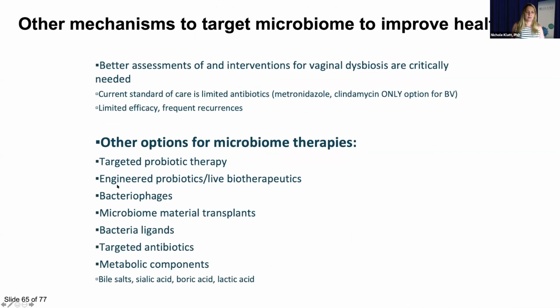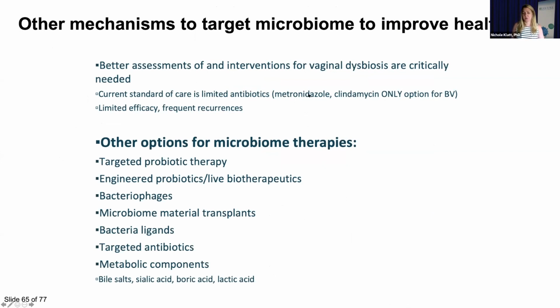There are other mechanisms we can think about targeting that are coming up the pipeline, but I think it's really critical for the microbiome field to get better ways to adjust the microbiome, because we don't have anything great now. As a side note, with vaginal dysbiosis, as I mentioned, metronidazole and clindamycin are the only options for BV.